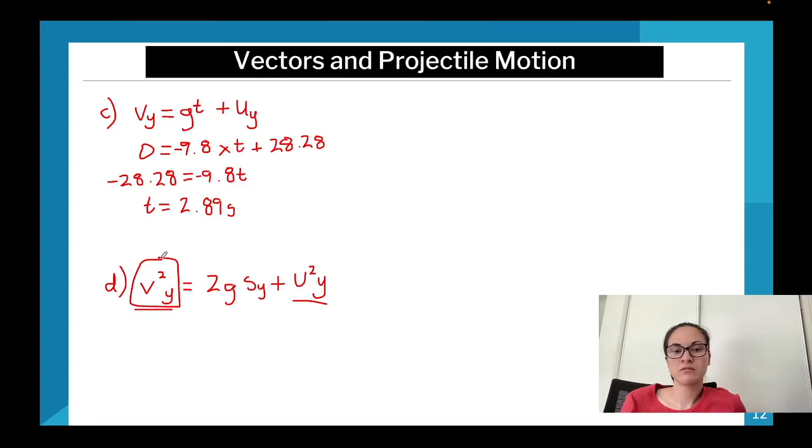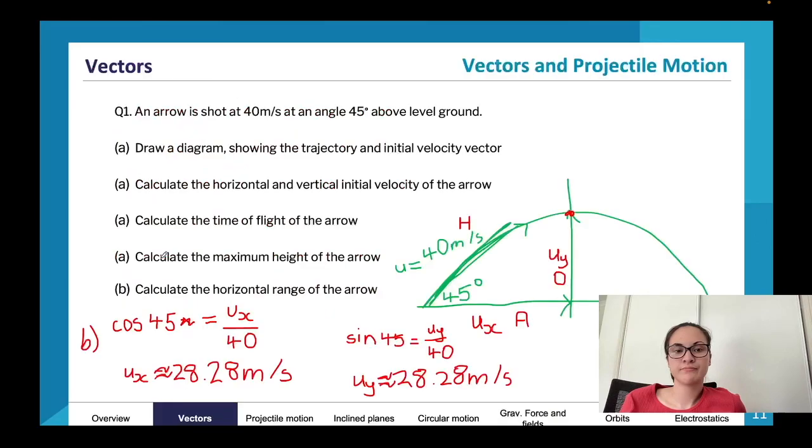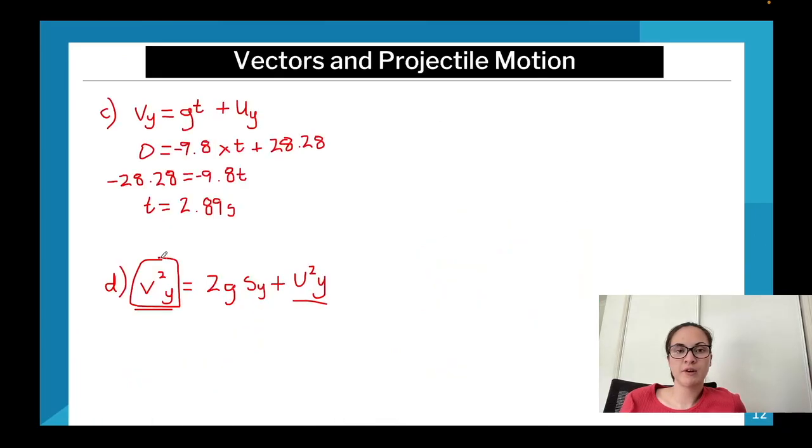So I think we'll just use the Uy that we have, and then we'll just leave Vy as 0. I think that's what we'll do. Because then we've got 2 times 9.8. And if this is incorrect, then it will be put in the comments, or you guys can figure it out and share amongst yourselves.